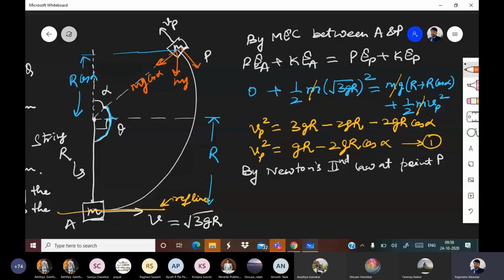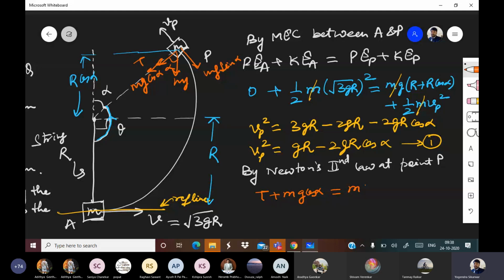Okay. So what we can see at point P, tension will also be in this direction. So T plus mg cos alpha, and this should be providing necessary centripetal force. That means m Vp square by R.